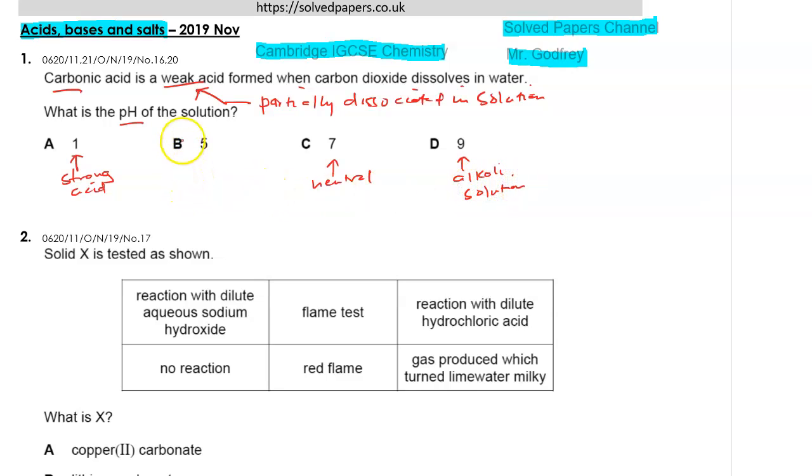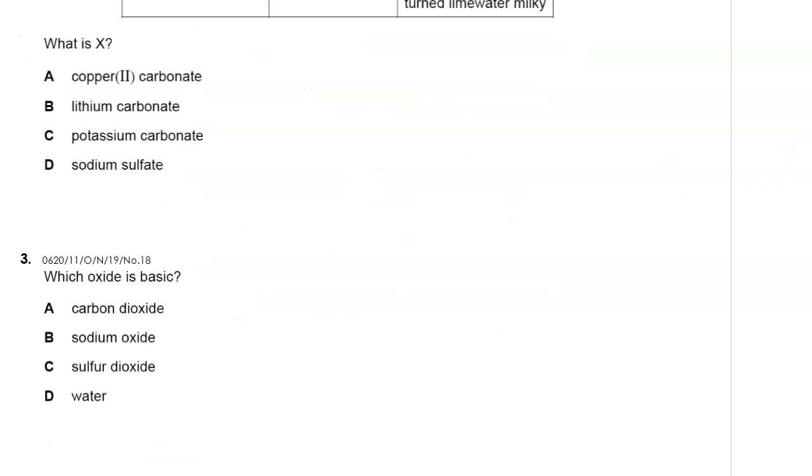So basically that leaves a pH of 5 to be the pH of a solution of a weak acid. So the answer there is B. Number 2. Let's go to number 2.